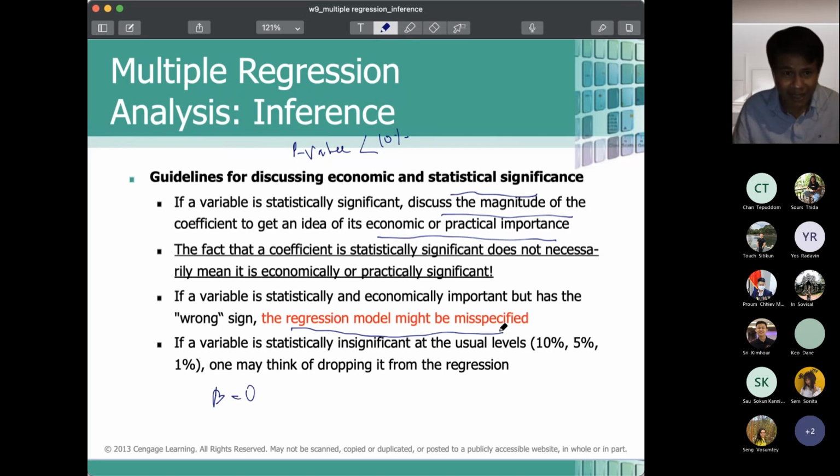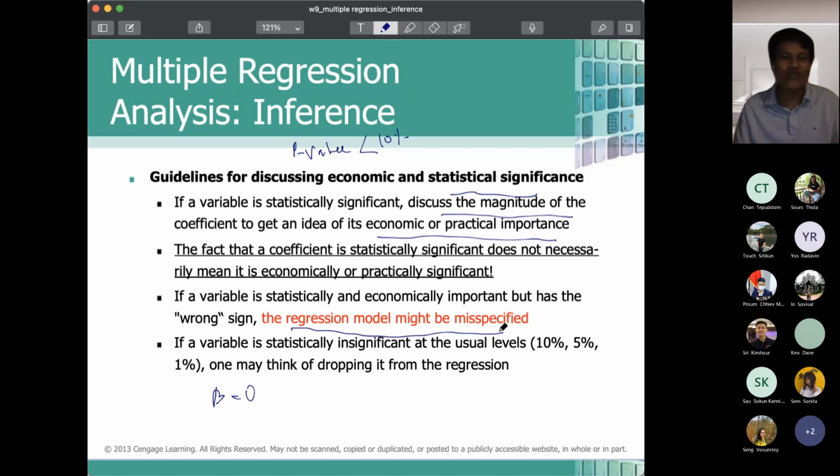Is the sign correct? If it's not correct, why? Is it because of your model or because of your data? I say again, right? If you find, for instance, education has negative effect on wage, is it true? Normally, it's not true at all. If education has negative effect on wage, why you study?